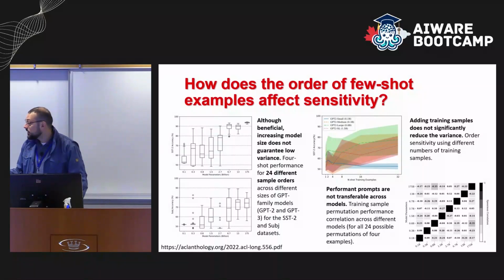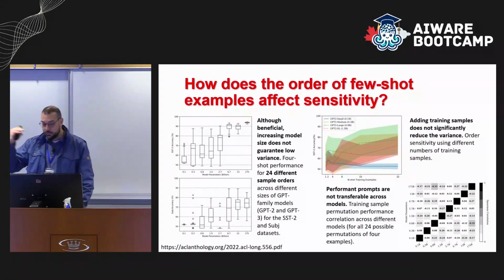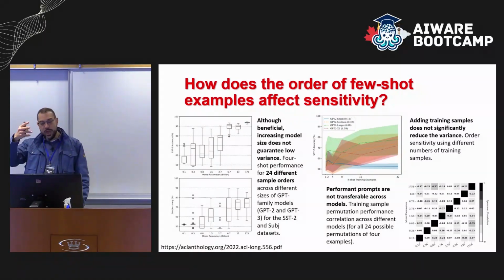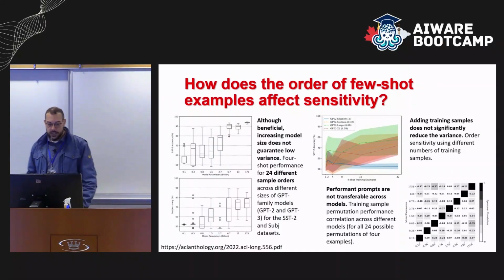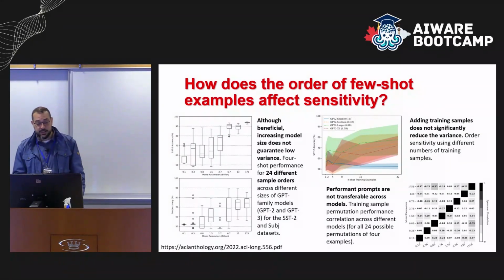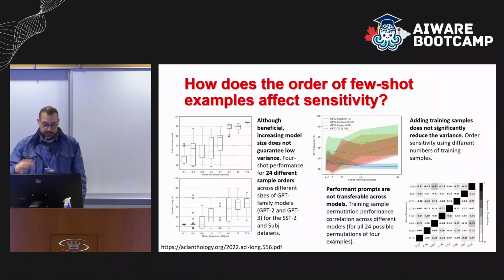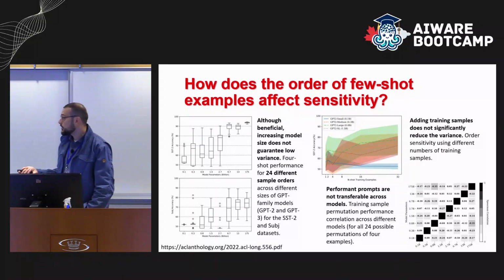Here I'm varying only the order of the few shot examples, in all these figures. So we have 4 few shot examples, so we have 24 possible orders. And I'm varying this here, and I'm showing also that increasing the number of few shot examples does not make these variations lower. Adding training samples also doesn't make this much better. And the performant prompts are not transferable across models.